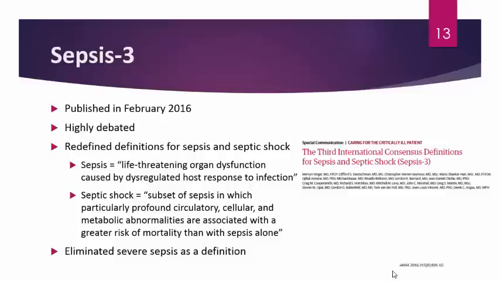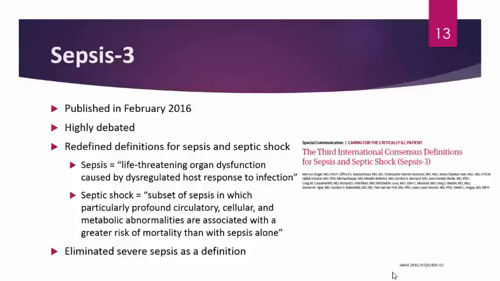And Sepsis 3 was published back in February of 2016, last year. And again, just like the SIRS criteria, this is highly debated. But what this document essentially did was it redefined the definitions for sepsis and septic shock.